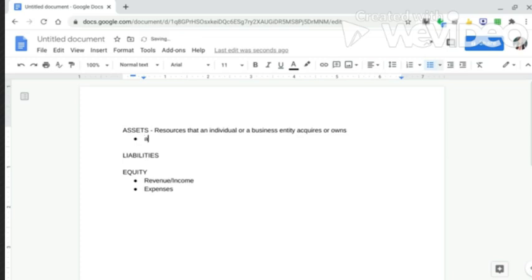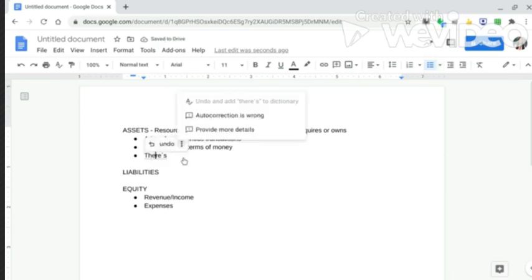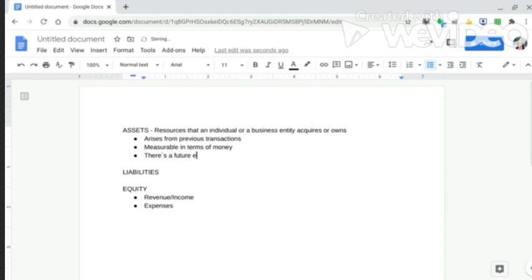So it arises, of course, from previous transactions, and since we're doing accounting, it should be measurable in terms of money, and there is a future economic benefit arising from these items that we call assets or these resources.